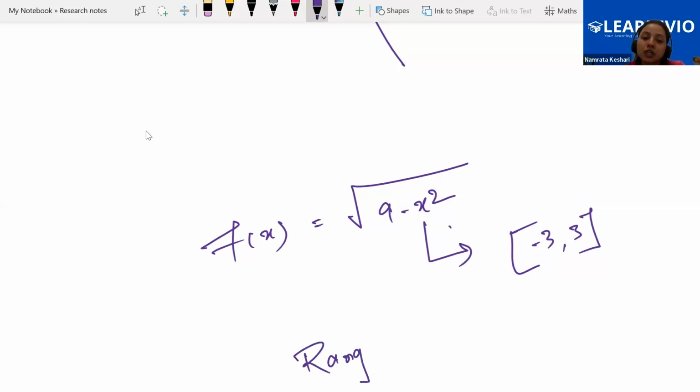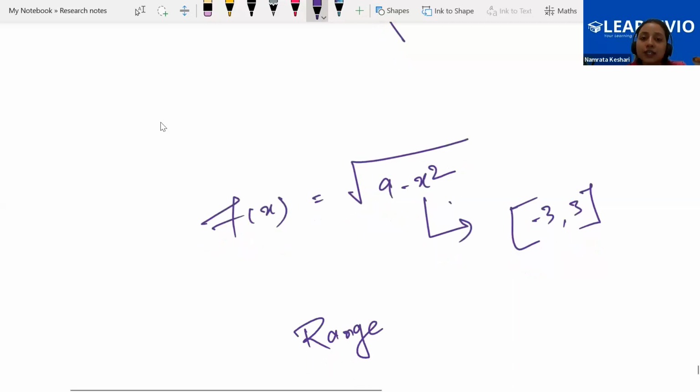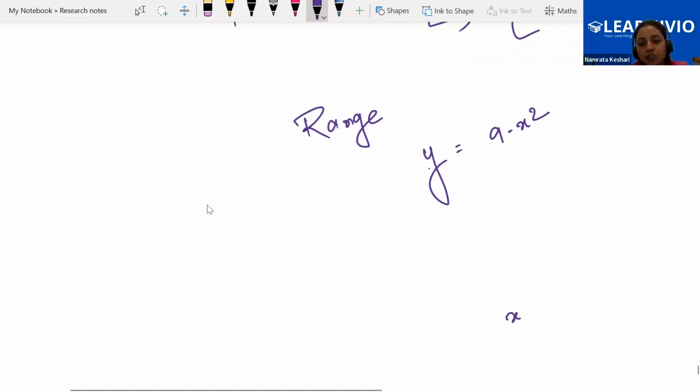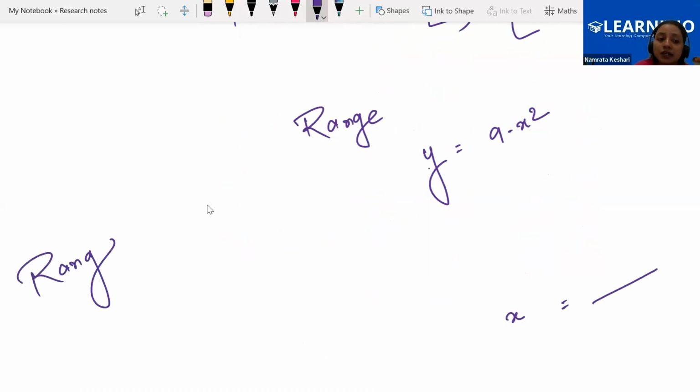So there is a way of finding the range. That way is you can represent this equation y is equal to under root 9 minus x square, such that you have x on one side and the rest of the terms on the other side. Okay. Basically, range means possible y values.